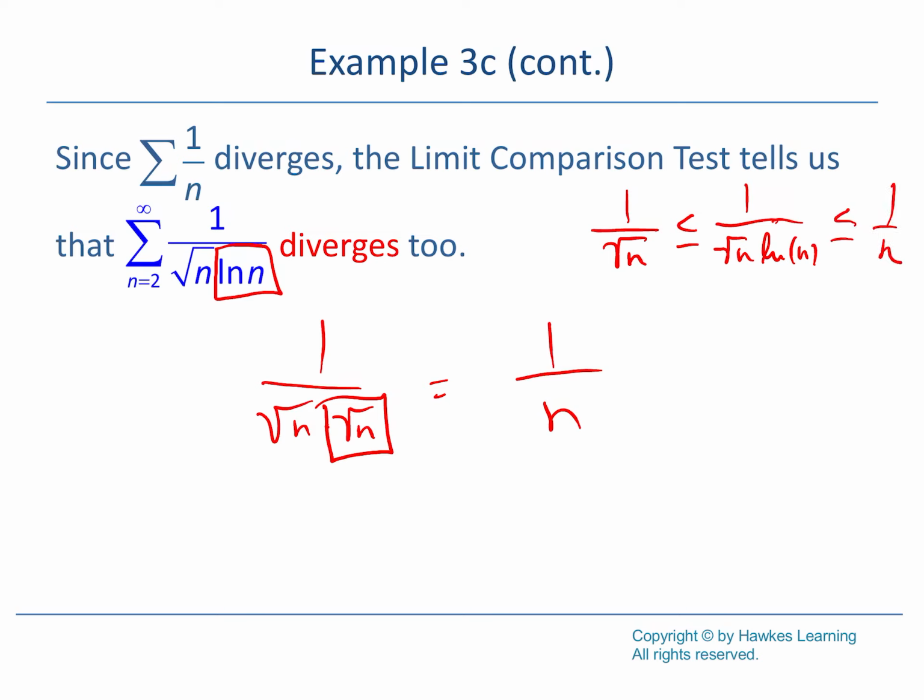So yeah, it diverges. Ln of n is going to be a really small number. Again, if you think about, say 100 terms down the line, this one would be 1 over the square root of 100, or 1 over 10. This one would be 1 over 100. And this one would be somewhere in between.